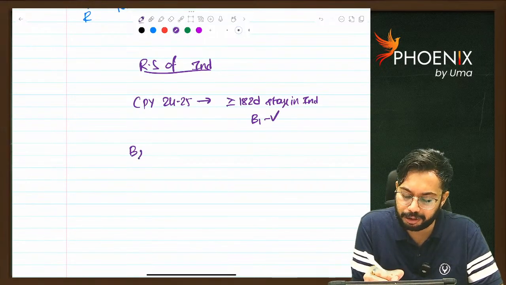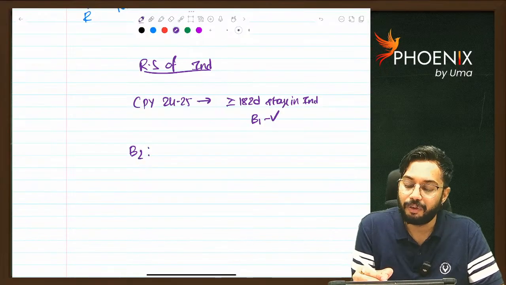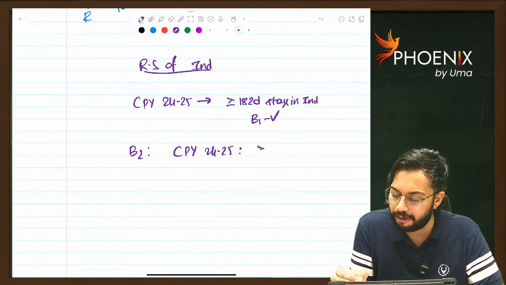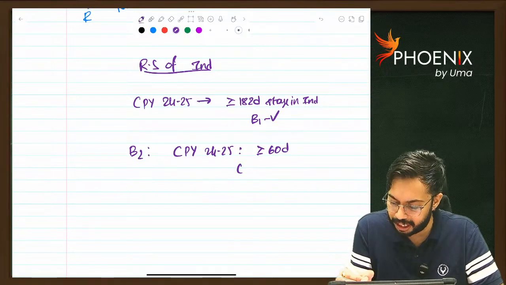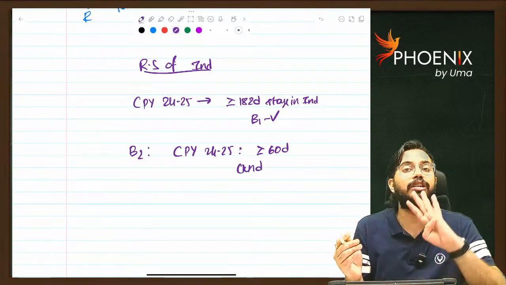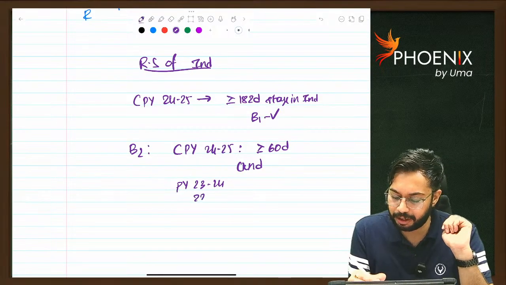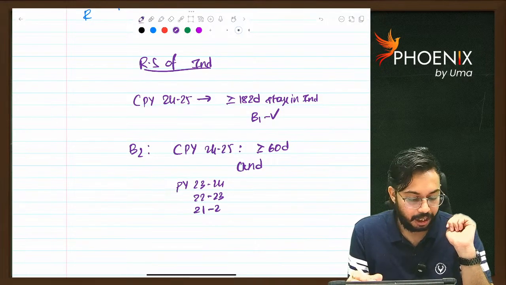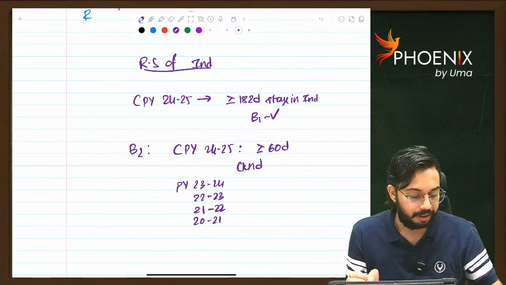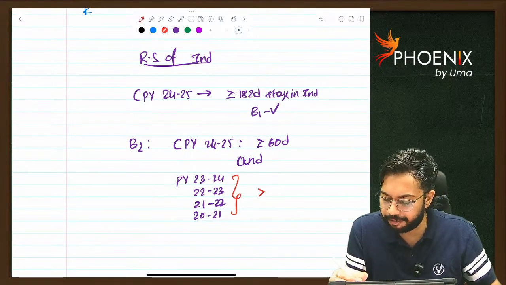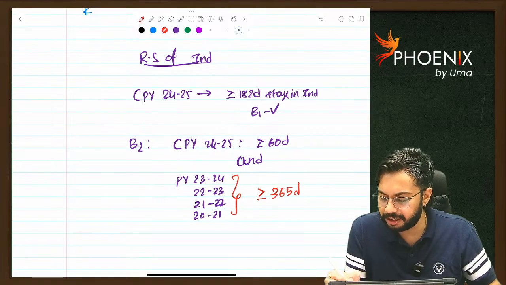Next, what does B2 say? As per B2, in the current previous year, he should stay in India for greater than or equal to 60 days, and in the last four previous years, that is 23-24, 22-23, 21-22, 20-21, he should stay in India for greater than or equal to 365 days.